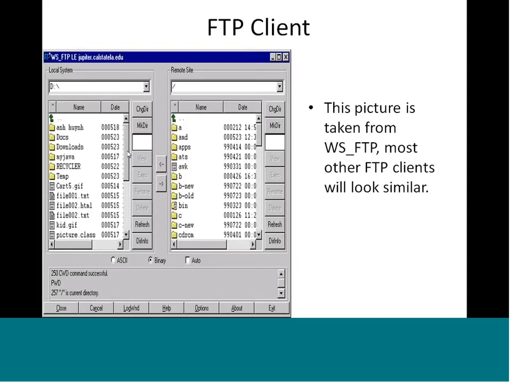You can think of plain FTP as the basic one which does not have any UI, and all these others are much fancier, and they will have the UIs.